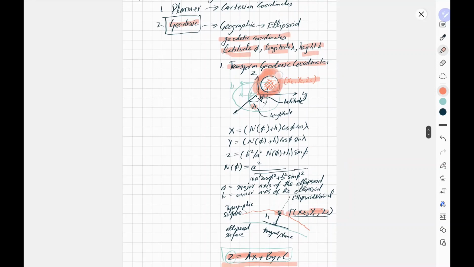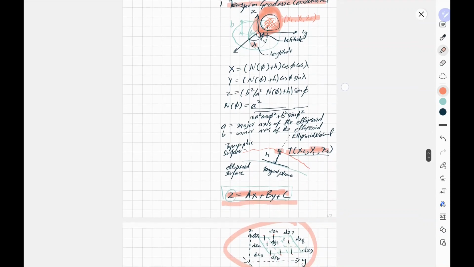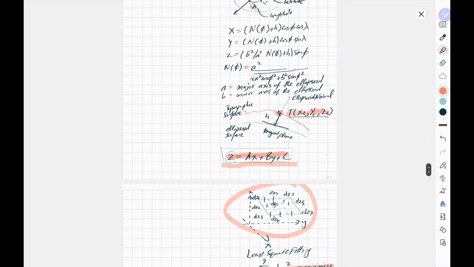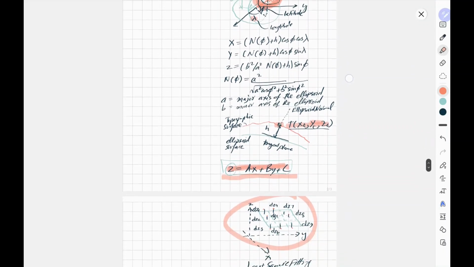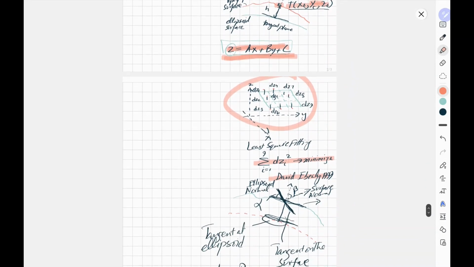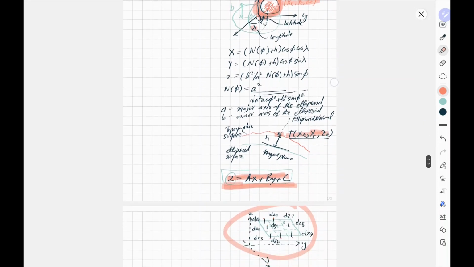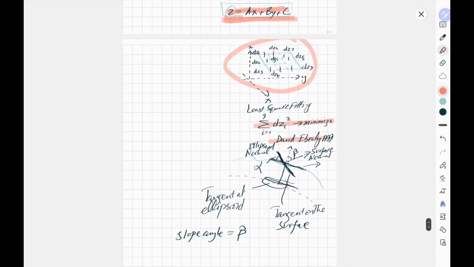You take a cell grid of 3 cross 3, total 9 cells, and at the center of it you fit this equation. As a result, you get a difference of z value. One is the computed z value, the other is the original DEM elevation value. So you try to minimize this difference.